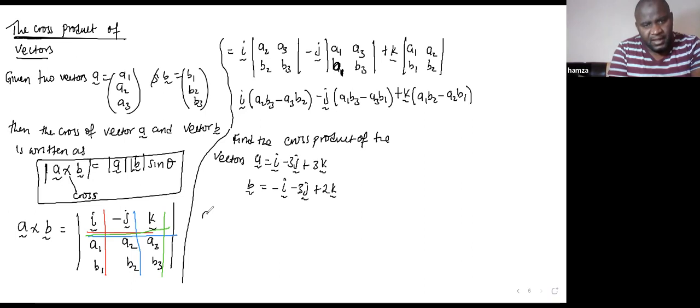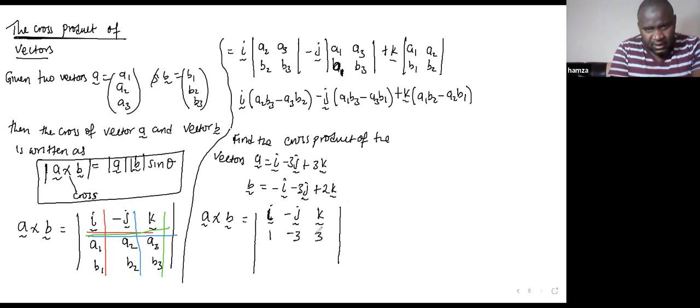So you're going to find A cross B, which is equal to i, negative j, positive k. The values of A are 1, negative 3, 3, and for B negative 1, negative 3, 2.